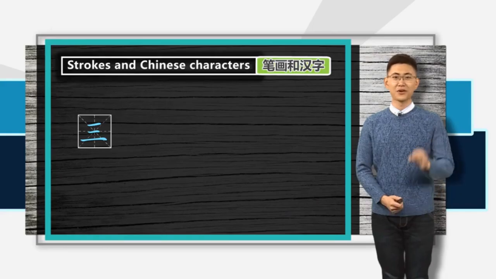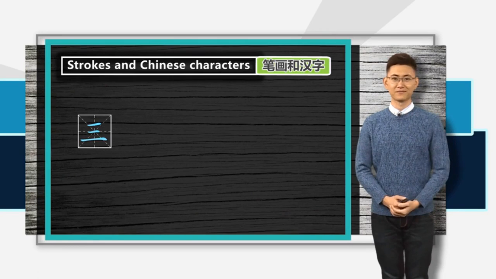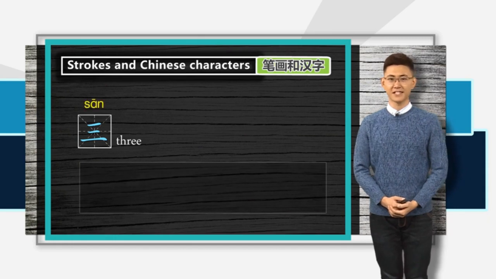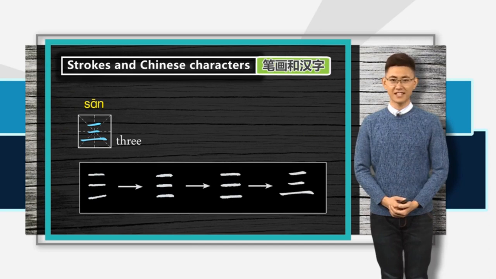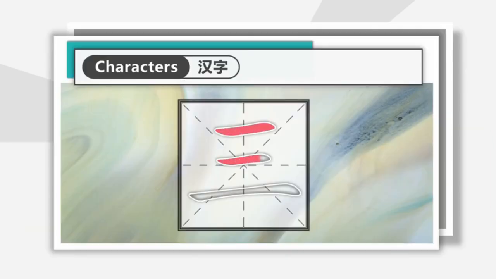And how about 3 horizontals? Yes, it means 3. The pronunciation is 三. 跟我读 三. Let's write it together. Pay attention.